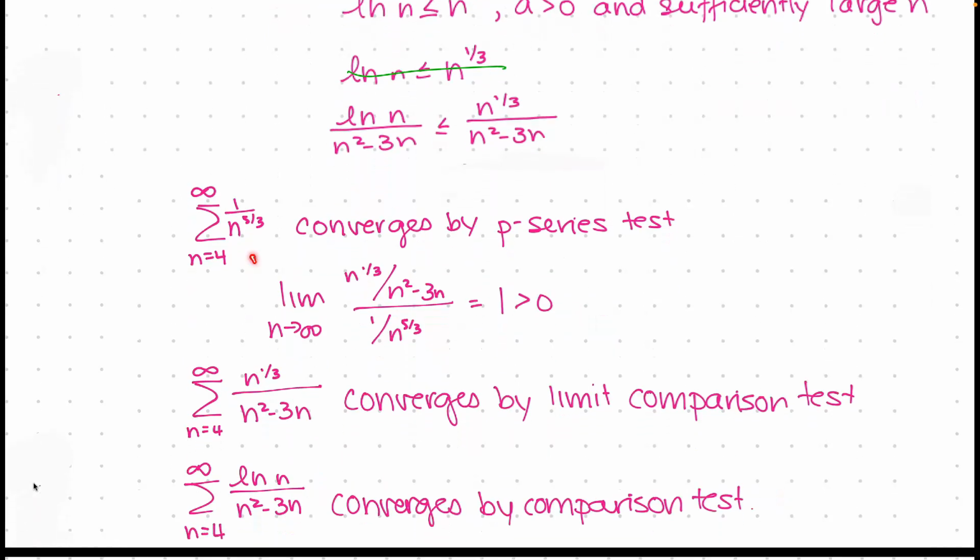So I take this guy. We know this guy converges by the P-series test. Then I use the limit comparison test to figure out that this guy right here can also converge. And finally, by the comparison test, I'm able to get this. So it took several steps to get there.